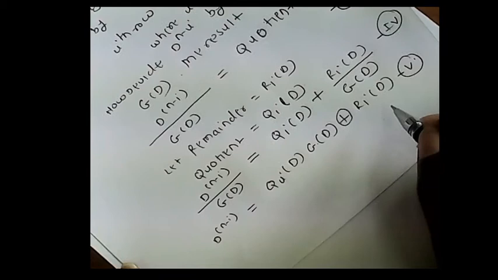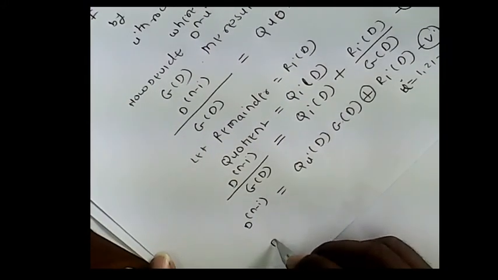This addition is performed by arithmetic modulo-2 operation, for i from 1, 2, 3 up to k.